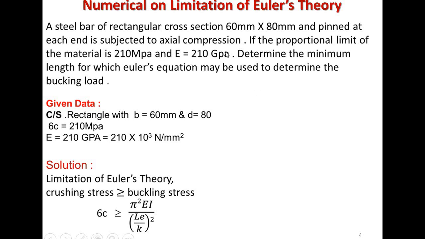So in this problem, the cross section is given, then crushing stress, or you can say proportional limit, is given as 210 MPa. For that proportional limit, we need to find out up to which length we can apply Euler's formula, and for which length this Euler formula is not suitable.